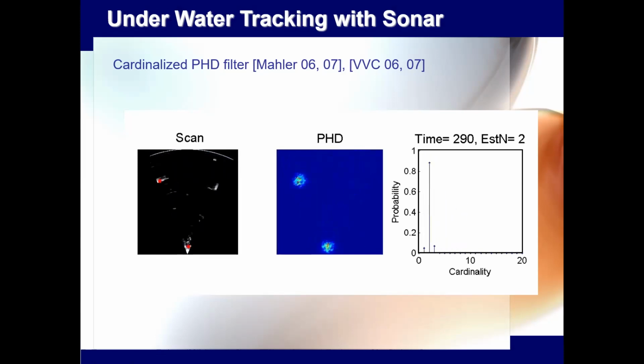You can see that the collection of bright pixels represents the returns from the objects. But as you can see, there are many noises, high levels of noise, and false alarms.